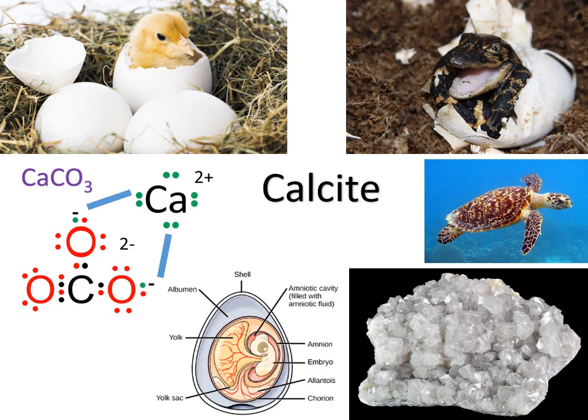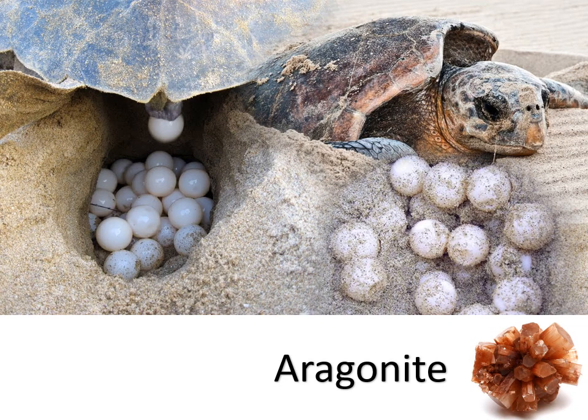And all vertebrate eggs laid on land, so amniotic eggs, except turtles, have shells made of calcite, which is a crystalline form of calcium carbonate. Turtles actually lay eggs made of aragonite, which is another form of the same mineral, calcium carbonate. But more on this another time.